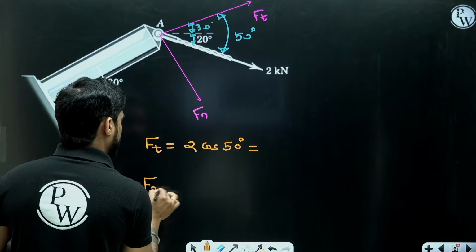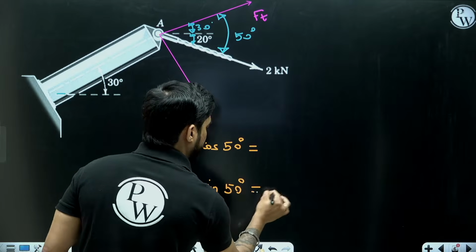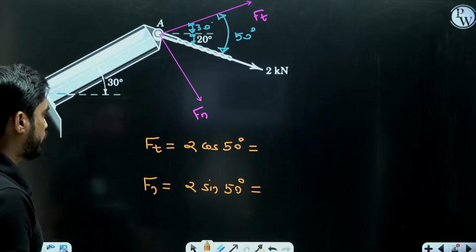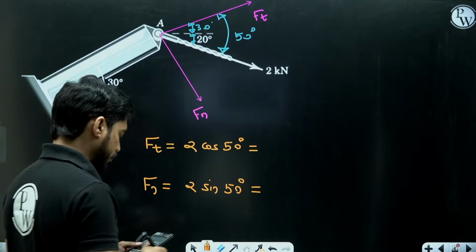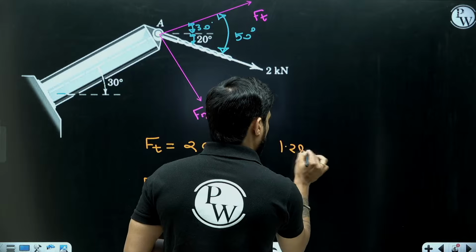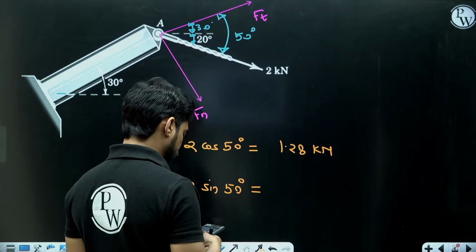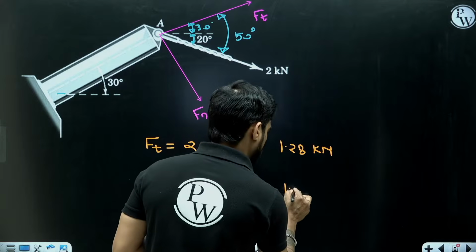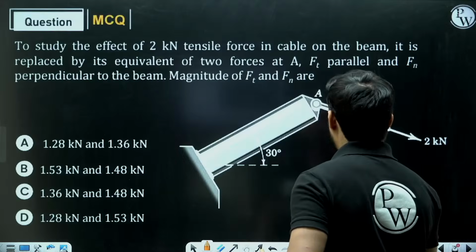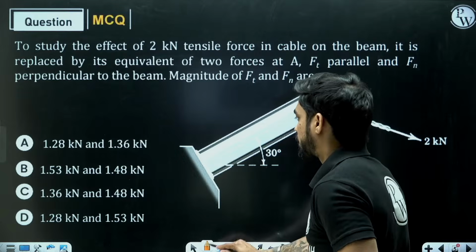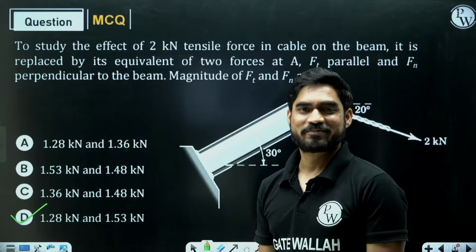And Fn will be the sine component, so it will be 2 sin 50. So 2 cos 50 is roughly 1.28 kilonewton, and 2 sin 50 is 1.53 kilonewton. So Ft and Fn are 1.28 and 1.53 kilonewton, which is option D.